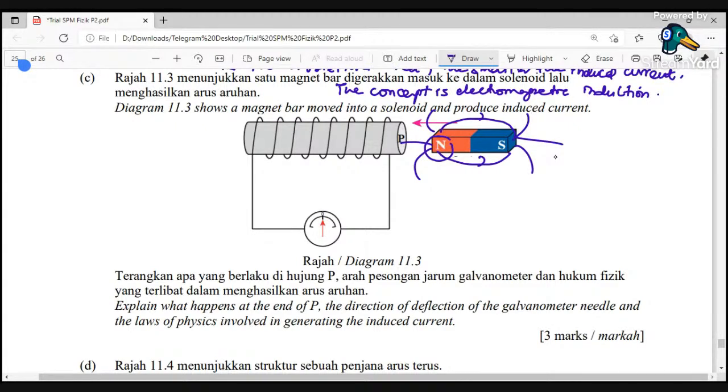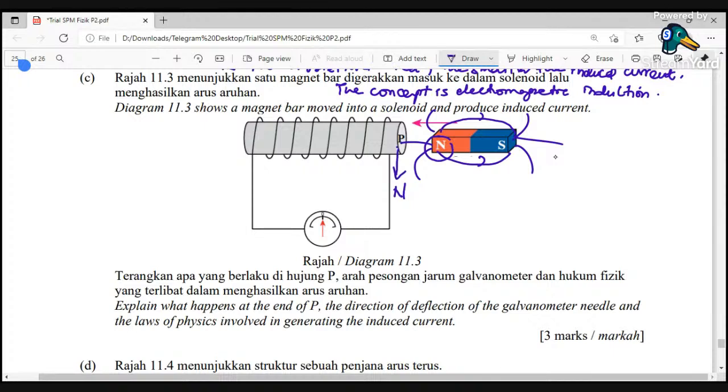So the cutting of the magnetic flux will induce EMF across the wire, or it will cause the current to flow in this solenoid. Okay, so the direction of current that is produced always opposes the effect that produces it. So what is the meaning of that statement? If the north pole is coming towards it, it tries to repel it away. So to repel it away, NP will become north pole.